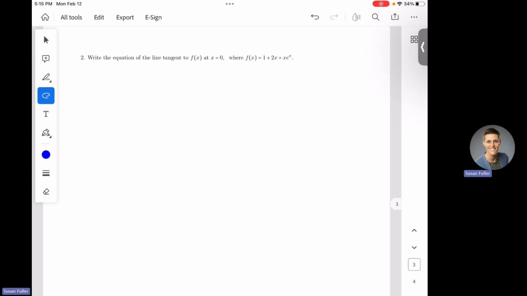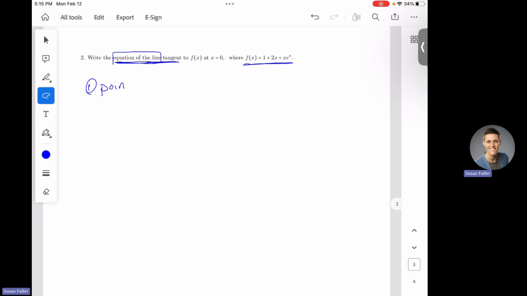I want to write the equation of the line tangent to f of x at x equals 0, where f of x is 1 plus 2x plus x e to the x. Okay, well, I want the equation of the tangent line, which is the equation of a line. So to write the equation of a line, you need 2 things.